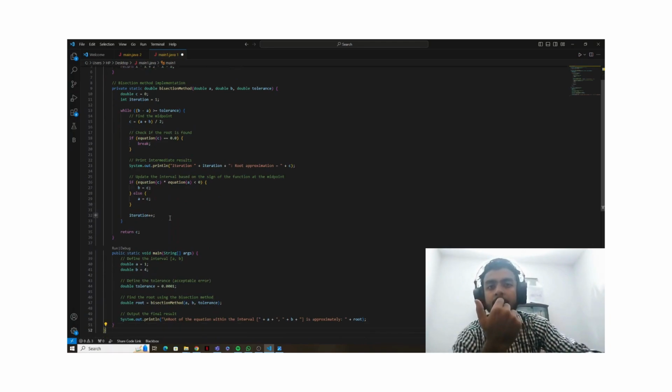Then we have iteration plus plus, and then we come out of the loop.